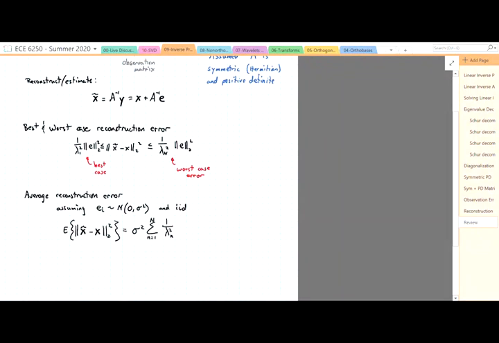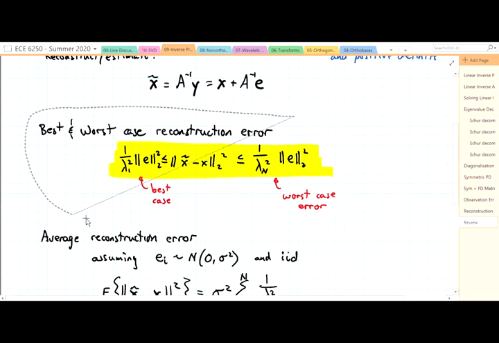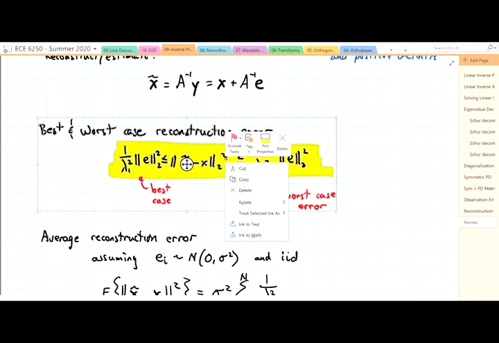Here, where we had the reconstruction error, it looks almost identical to what we found when we were looking at the SVD based reconstruction error.